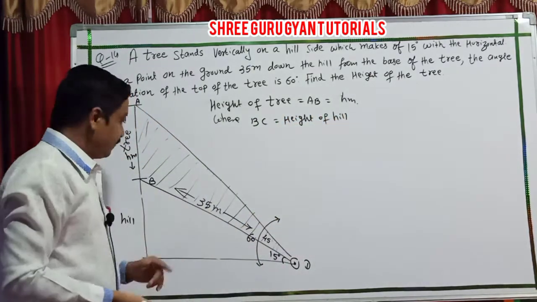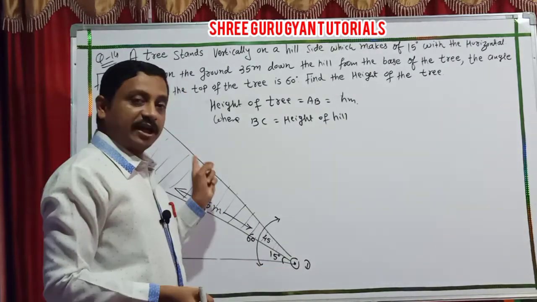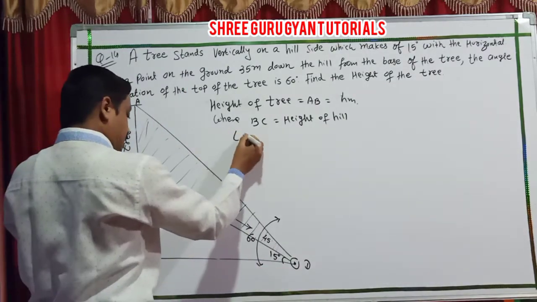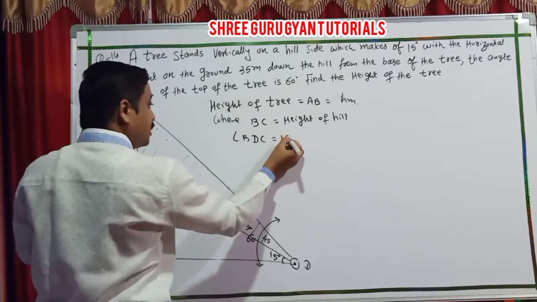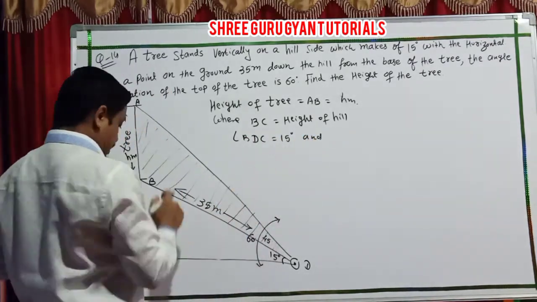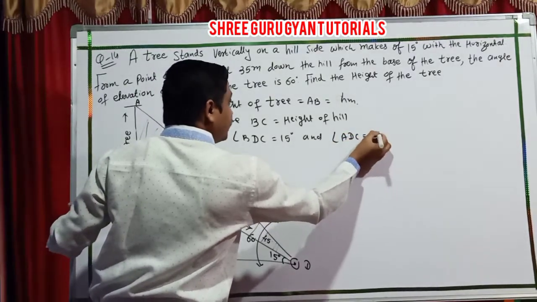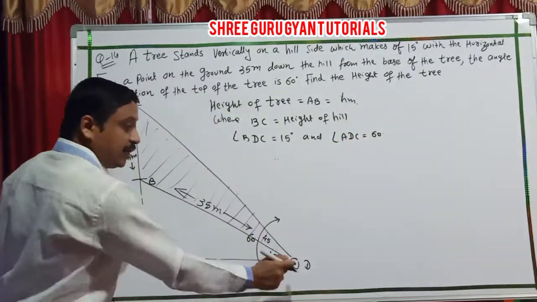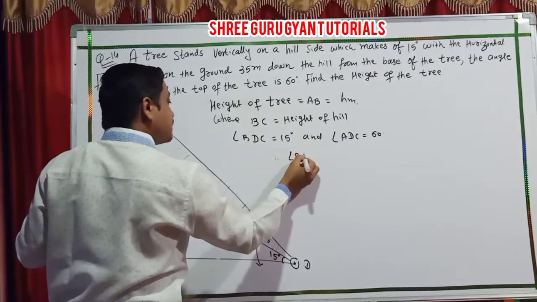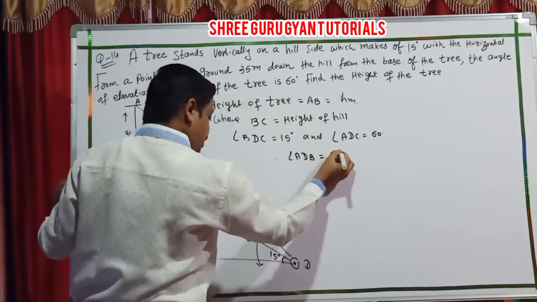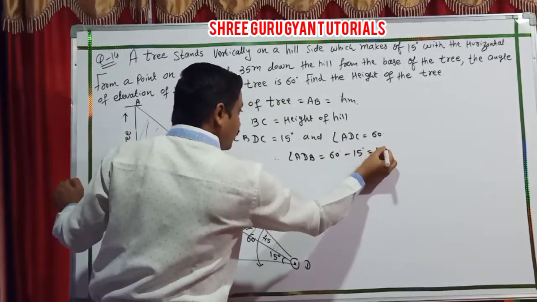And students, in this triangle I am showing two angles: angle BDC is 15 degree and angle ADC is 60 degree. So definitely you have to find ADB now. Yes, ADB equals 60 minus 15, which is 45.